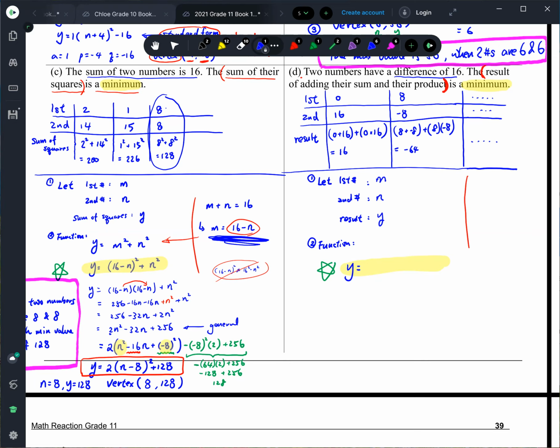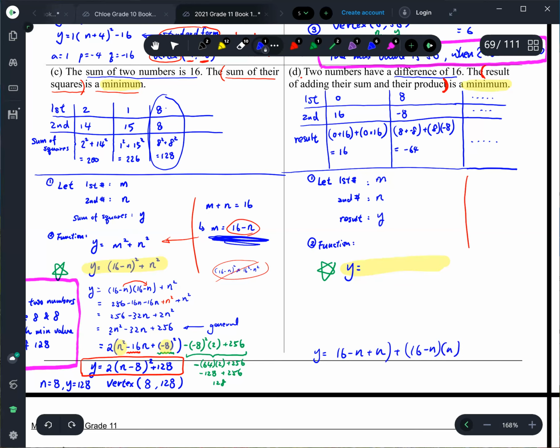I got y equals 16 minus n plus 16 minus n times n. So in brackets, I guess. Yeah. Okay. Anyone else? Geoffrey, what does yours look like? Same thing except instead of negative it's plus.